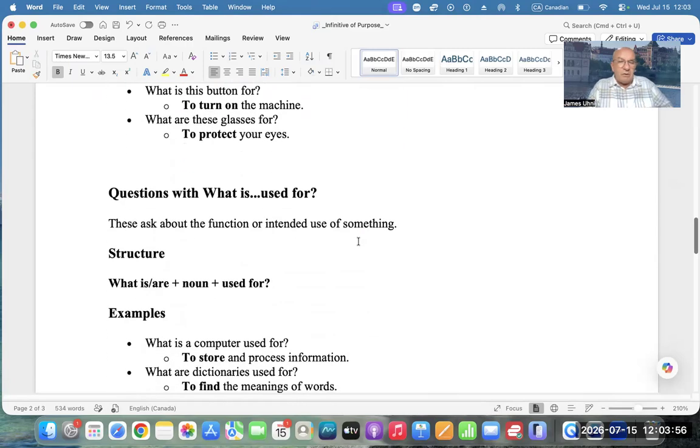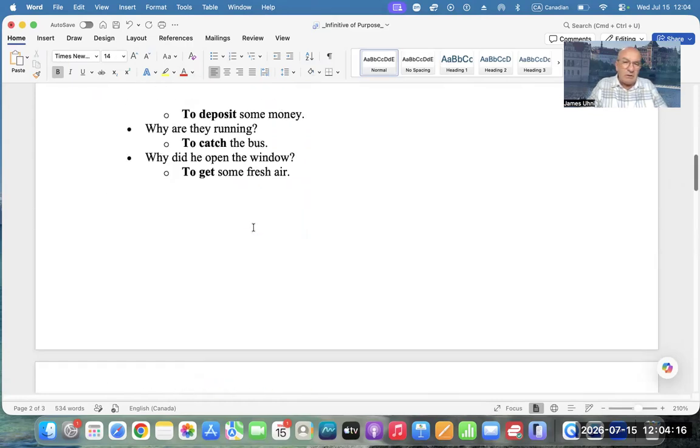Then we have questions with what is and used for. So these ask about the function or intended use of something. So how should I change it?